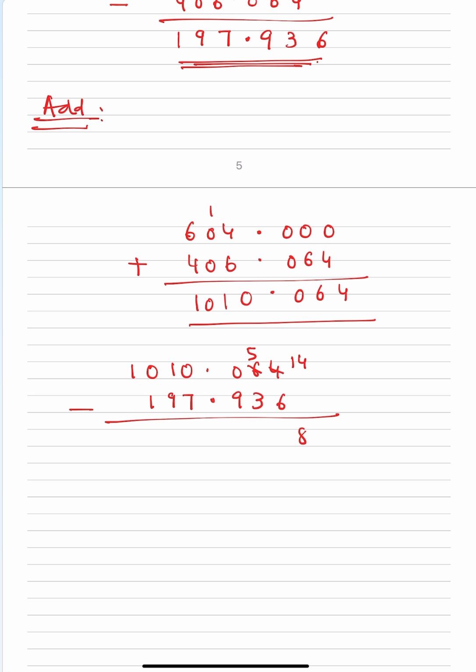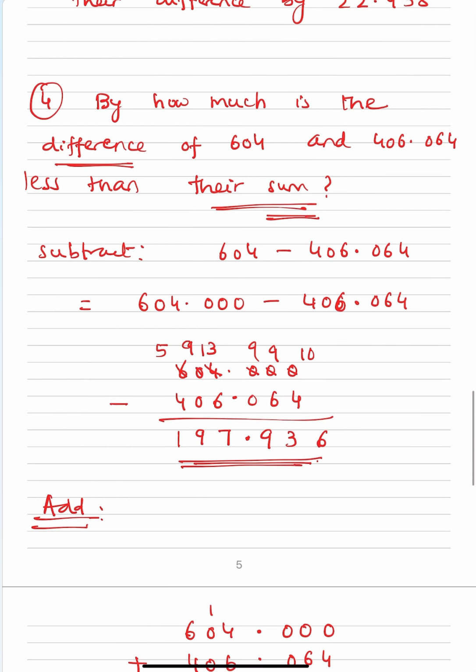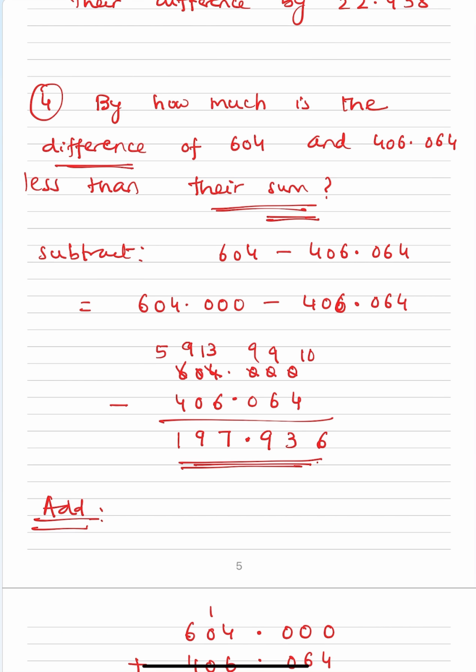Okay, so 8, 2, this is 0, 9, 10, 1 here, 9 minus 7 is 2, 0 minus 9 we can't do, 0, 9, again 10, 10 minus 9 is 1, 9 minus 1 is 8. So 8.812.128. So the sum is, by how much is the difference of the given two numbers less than their sum?